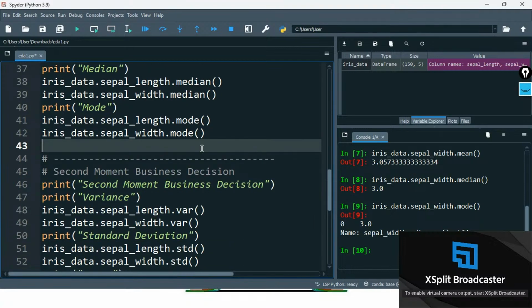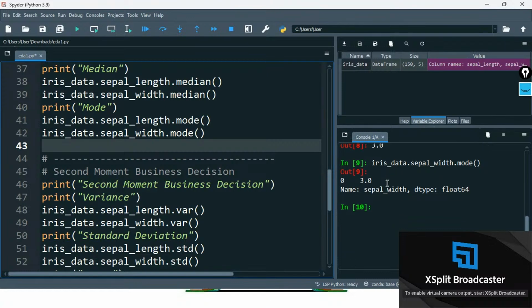So what kind of skewness does sepal width have? Will it be positive, negative, or what? As all the values are nearby, obviously it will be not skewed, but we are not sure because there is a slight variation. 3.05, obviously 3.0, here also it is 3.0, here also it is 3.0.